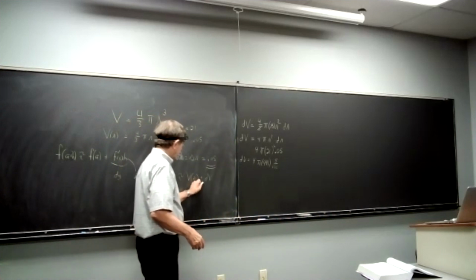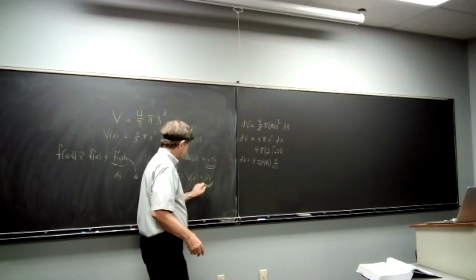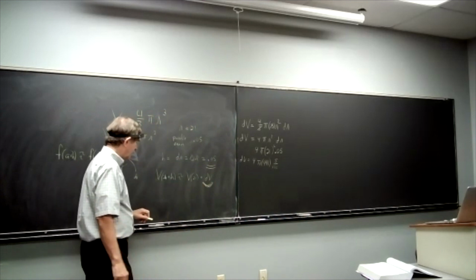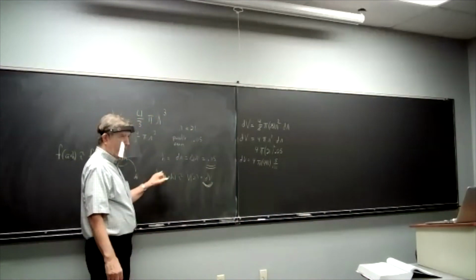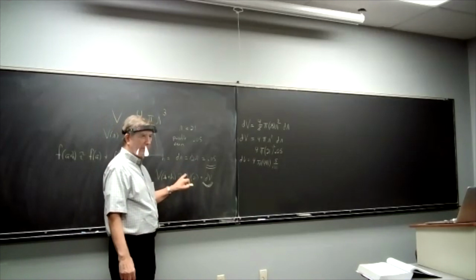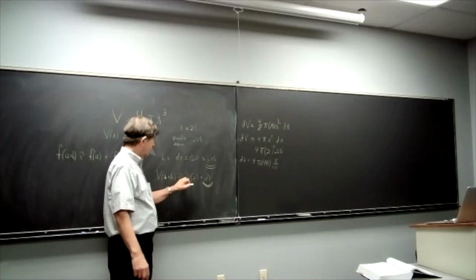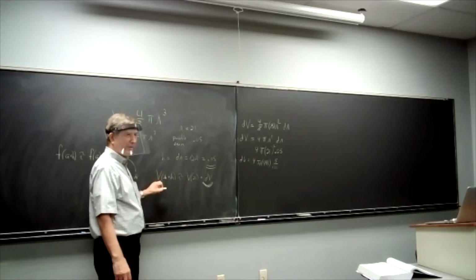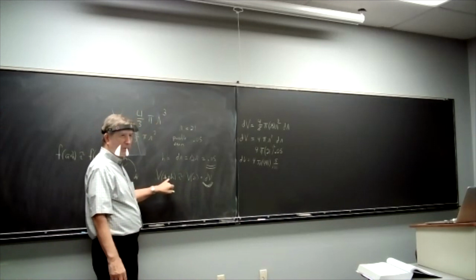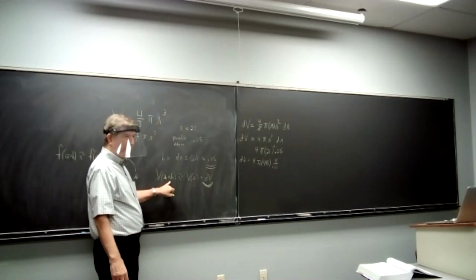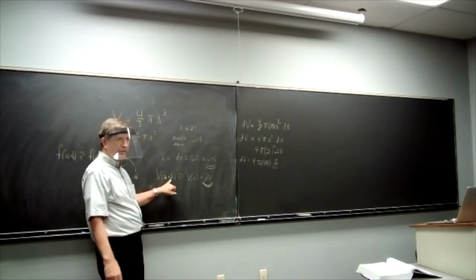So this is the amount that's going to measure the error between what you get and what you are supposed to get. I'll put it differently. This is what you got, and this is what you're supposed to get, because this involves the error. Okay? So this is the volume with the error in it.